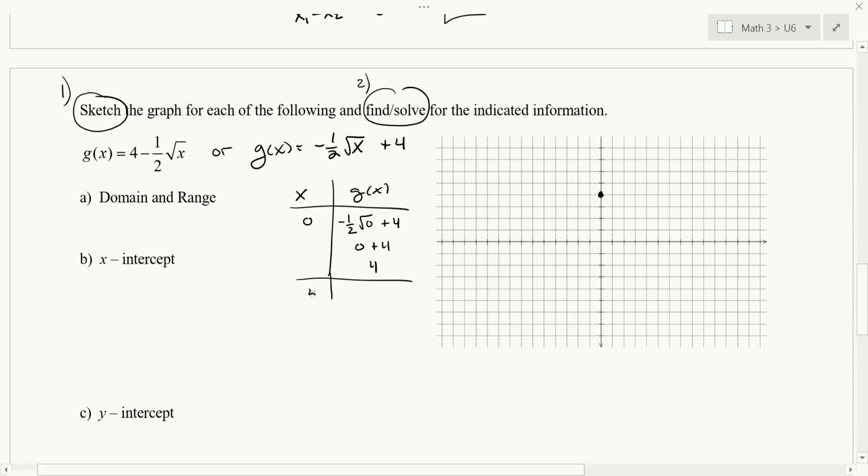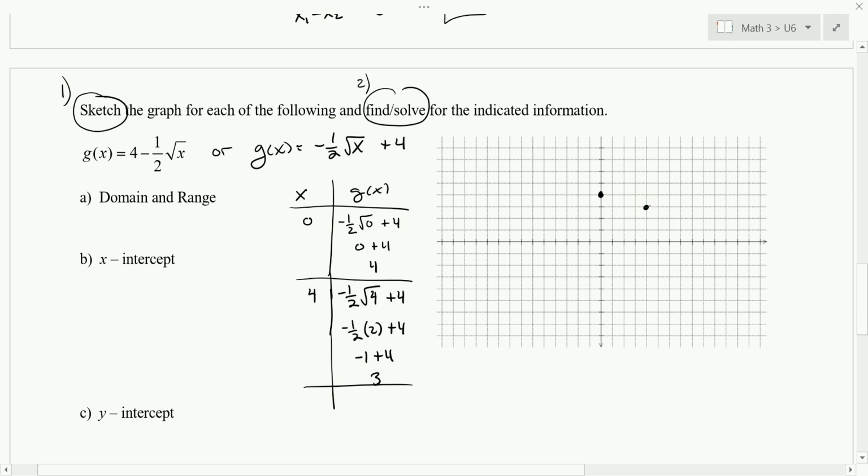So I'm going to plug in a 4 for x. And we end up with 3 as a point. So right 4, 1, 2, 3, 4 up 1, 2, 3 right here.